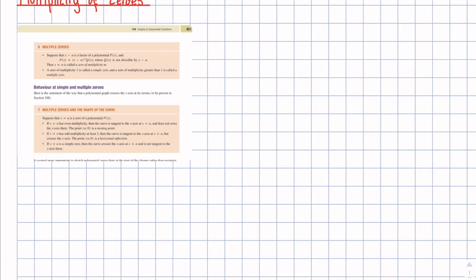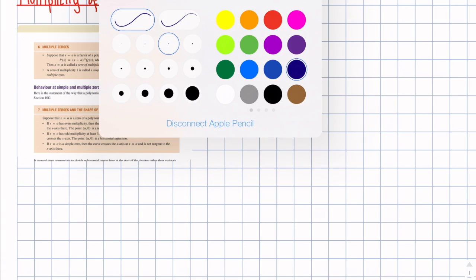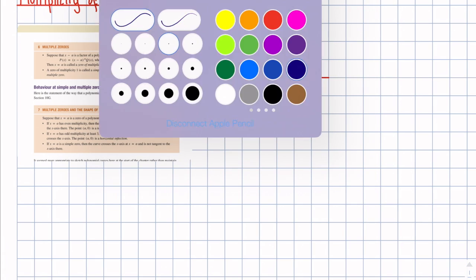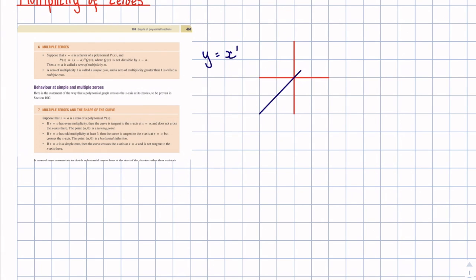But before we discuss that in further detail, I'd like to remind you of things. If I had y equals x to the 1, which is just y equals x, it would look like this, a straight line.